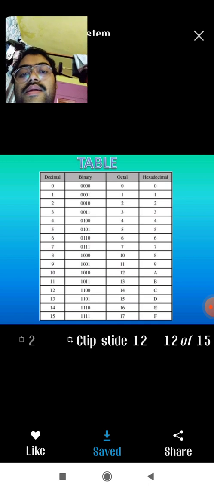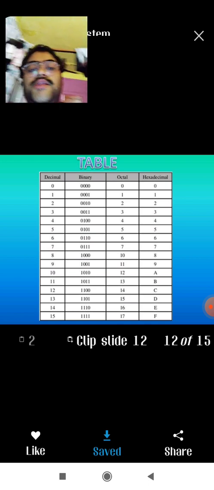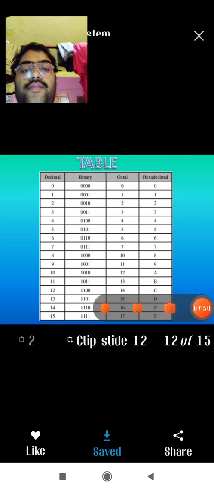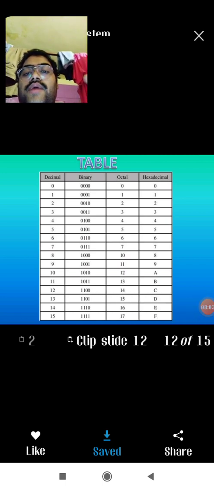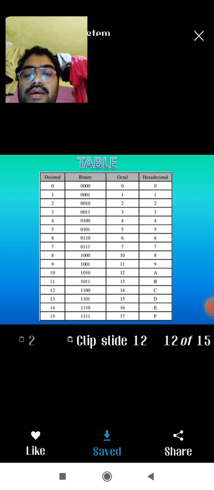Here you can see the decimal, binary, octal and hexadecimal numbers. See, decimal 0, binary you have to write in 4 digits, 0 0 0 0, octal it is 0, hexadecimal 0. Here it comes up to 9: 1001, octal it is 11 and hexadecimal it is 9.